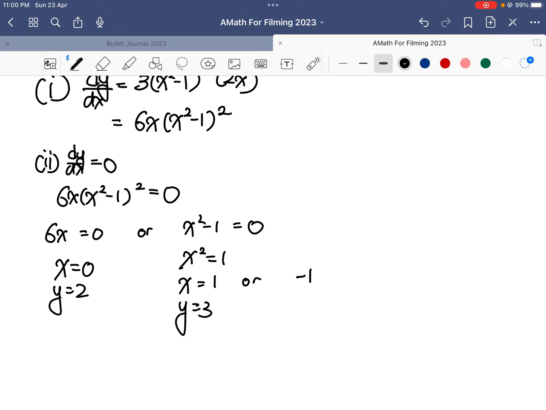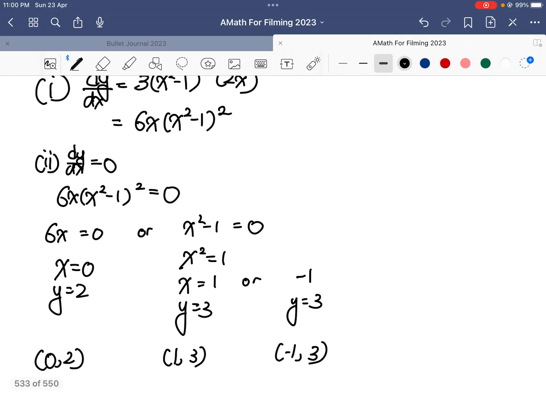And when x is −1, y is also 3. So therefore, my stationary points have coordinates (0, 2), (1, 3), and (−1, 3). This is just things that we've been doing over and over again in the previous video.